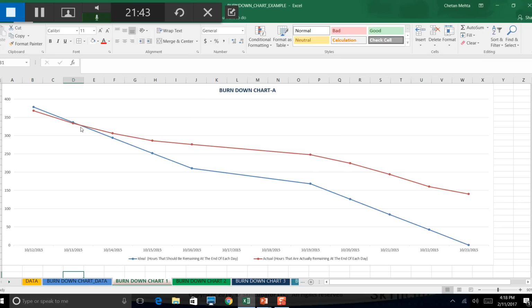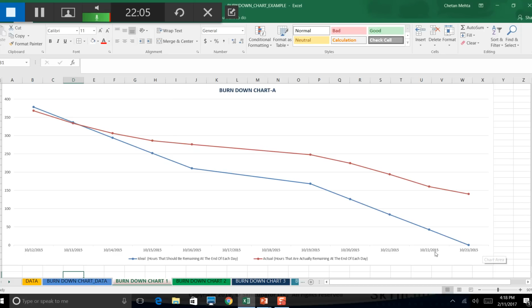And you can see here, the gap is widening. This is my actual burn rate. I'm burning less because this tells us the amount of hours we have, right? The amount of hours remaining. And your horizontal axis tells us the day.